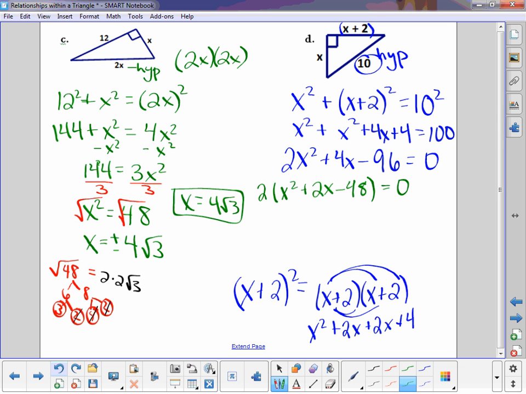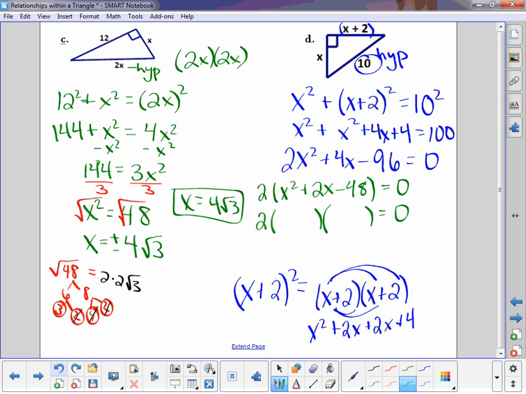So if you start off with 2x squared plus 4x minus 96 equals 0.